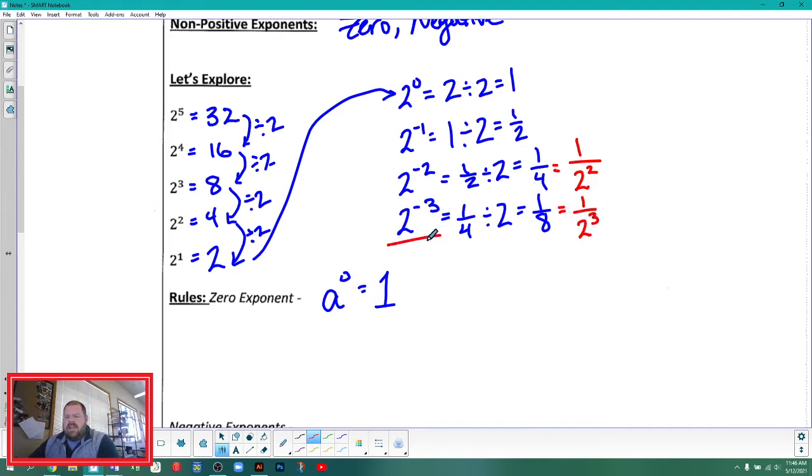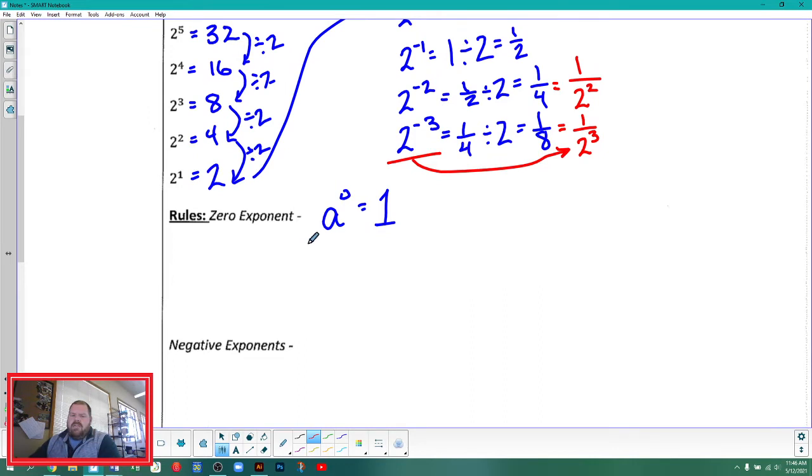So it looks like a rule for negative exponents. Any number to a negative power is going to equal 1 over that number to the positive power. So the exponent stays the same, it just goes into the denominator.